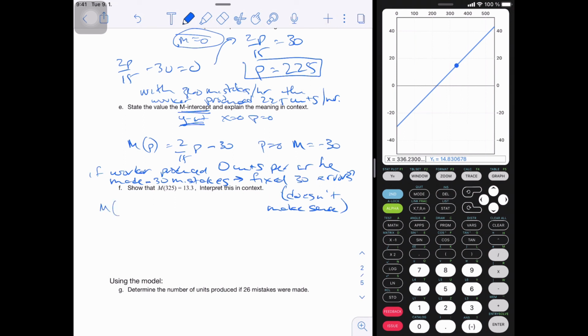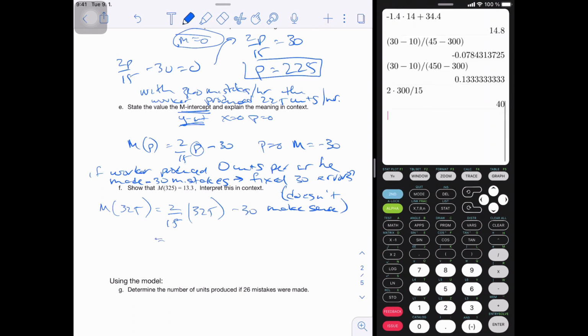So my equation, m at 325, if I plug it in, I know it's 2/15 times my p-value, 325, minus 30. And so if I do this calculation, I go 2 times 325 divided by 15, and then I subtract 30. We can see that it is equal to 13.3.